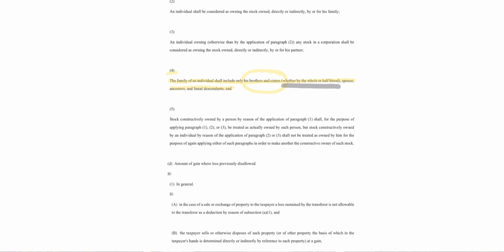Read this part after brothers and sisters: whether by the whole or half blood. Whole blood, of course, is where both of your parents are the same, your mother and father, and half blood is where one of your parents is the same, whether it's your mother or father. But nothing in there says anything beyond whole or half blood.